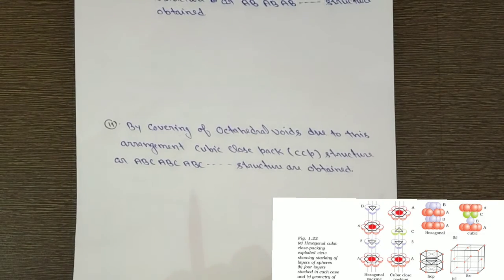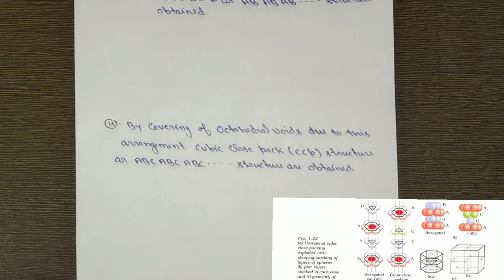Second process, by covering the octahedral voids. That means the third hexagonal close packed layer of 2D is placed on the second layer in such a manner that the third layer covers the octahedral voids. This arrangement gives the cubic close packed structure, or ABC structure.